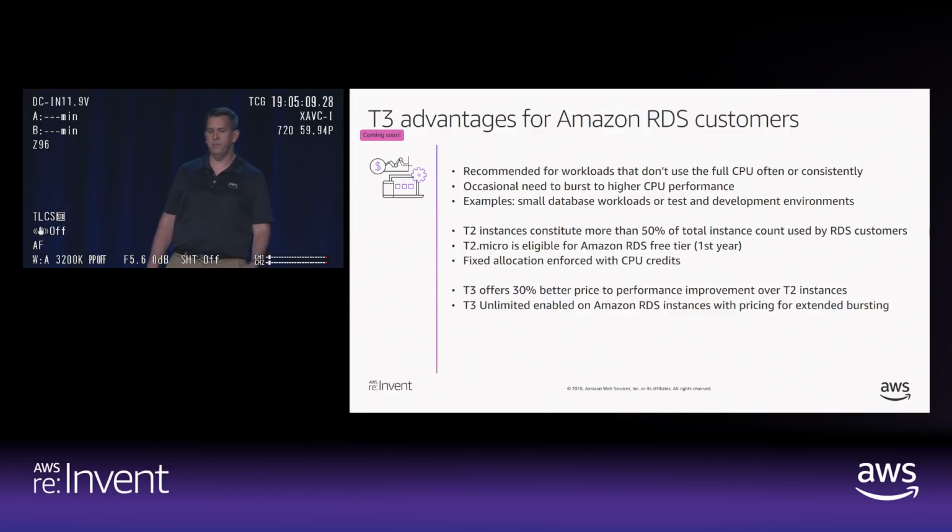As Mina said, better price performance over T2, and we will support unlimited. So we think that T3 for many, many database applications, database workloads is going to be a great offering. We also recently, last year, offered the full X large, 2X large, so the upper end of the T's for larger workloads.